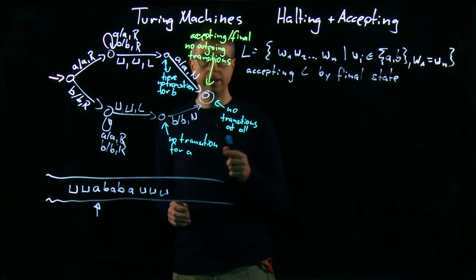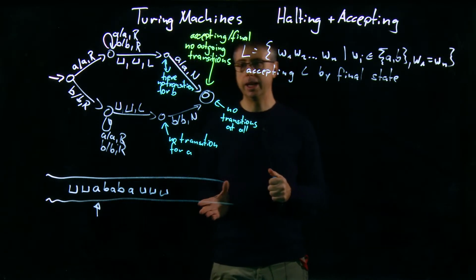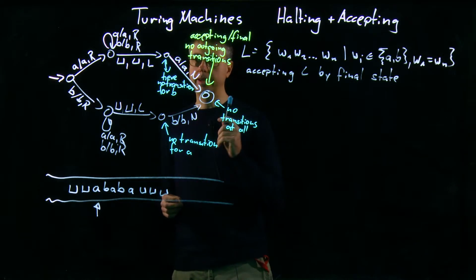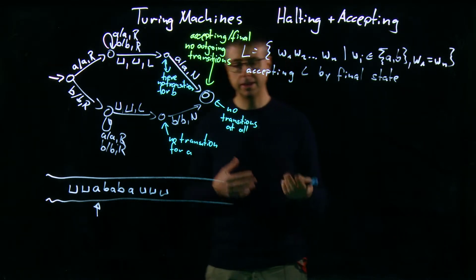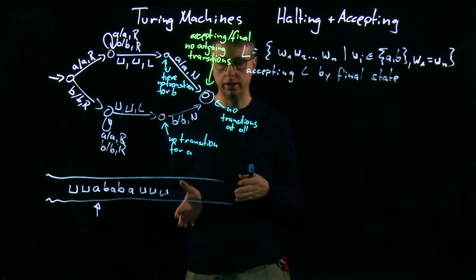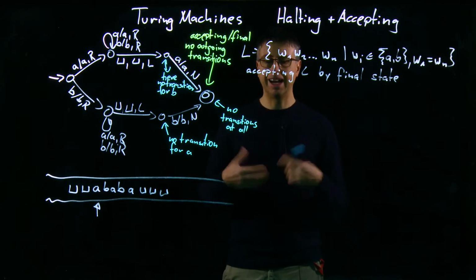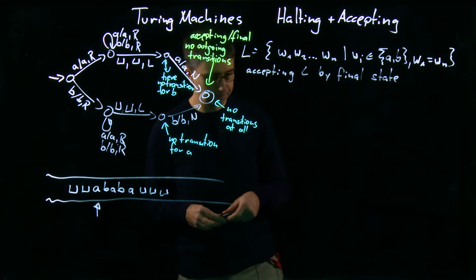And the second possibility of accepting a language is by constructing a Turing machine that accepts the language by halting. That means that you start with a given word on the tape, then you run the Turing machine until the Turing machine can make no further moves.